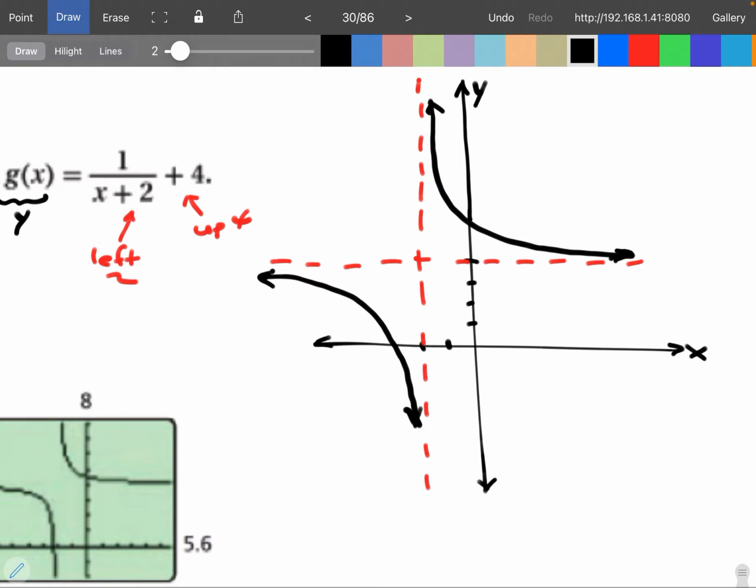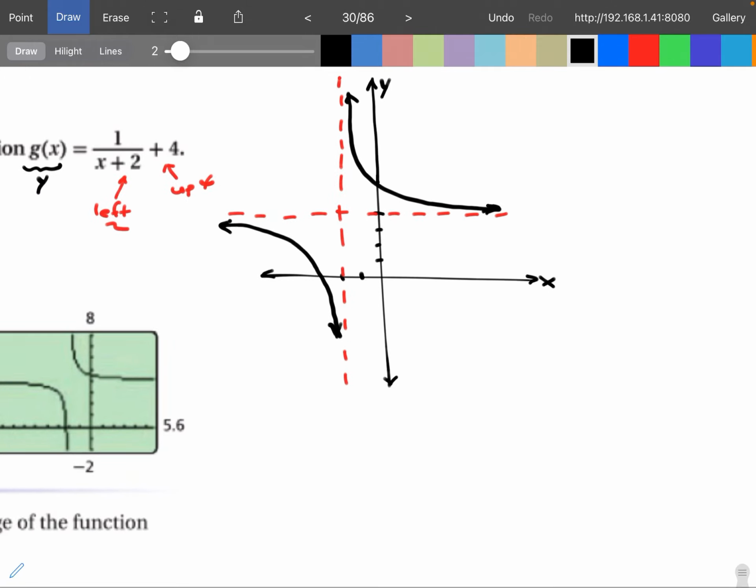All right. Now there's a lot of other stuff we have to do with this one though. This one said that we also had to talk about the domain and the range, and we had to talk about the asymptotes. So we need the equations of the asymptotes. This horizontal asymptote right here, when it's a horizontal line, that's a y equals equation, right?